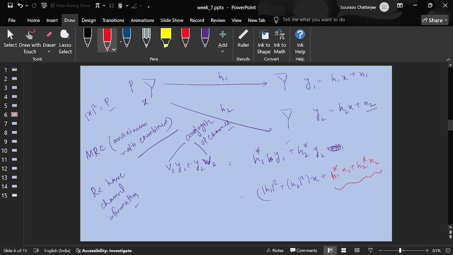So this is my effective noise part, and this one is my signal part.